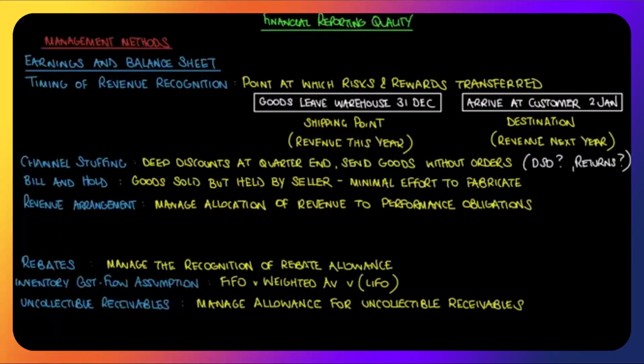For example, imagine you have goods, you make a sale, you've got goods that leave your warehouse on the 31st of December. And you decide to recognize your revenue at the point of shipping. You'll see this term in the module, and in practice, to be fair, that's why it's there. FOB shipping, free on board shipping, means it's yours.